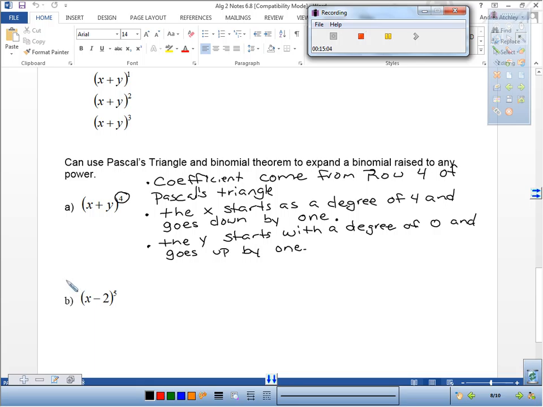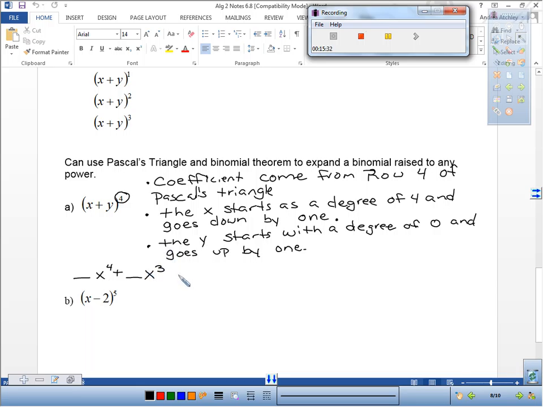Okay, so when I start this, I always leave a blank for the Pascal's triangle number. Here's a blank. So I'm going to start with x to the 4th degree. Any questions over that? So another blank for my Pascal's triangle number. Now x is going to go down by 1. So 4, then 3. And y was 0 here, so then it's going to go up by 1.